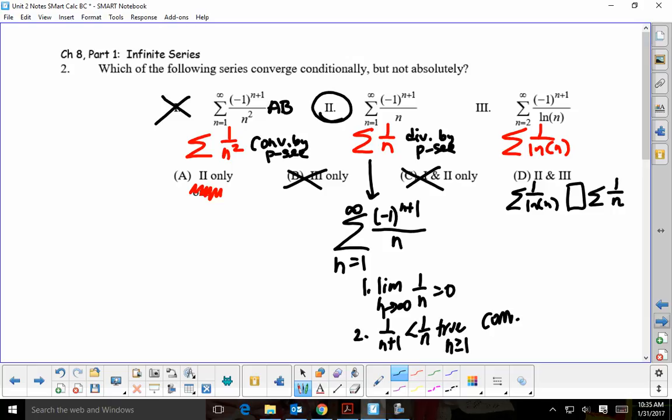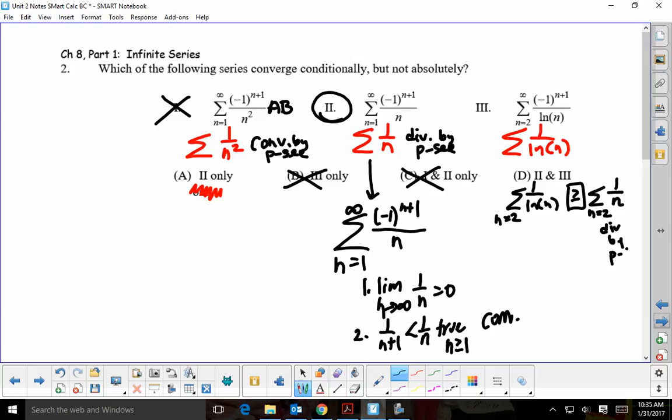Which one has the bigger denominator starting at the 2? This one has the bigger denominator, which would make it what overall then? It would be smaller, right? And this guy, the smaller one, does what?